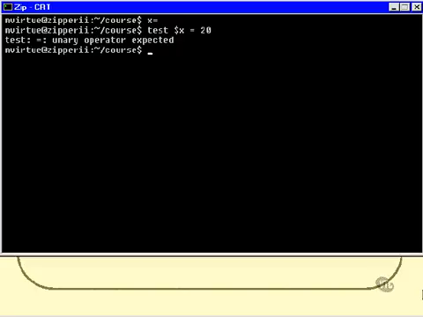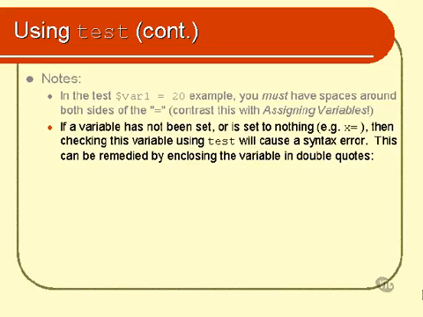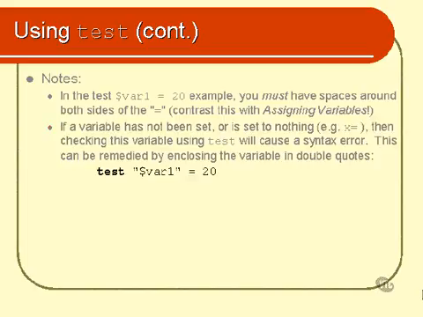So let's now have a look at how we can fix that. We enclose the variable inside double quotes, like so. We say test, and then var1, instead of var1 by itself, we put var1 surrounded by double quotes. Now, it's actually a really good idea to make this a good practice.